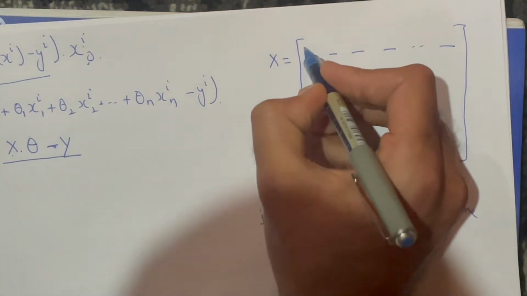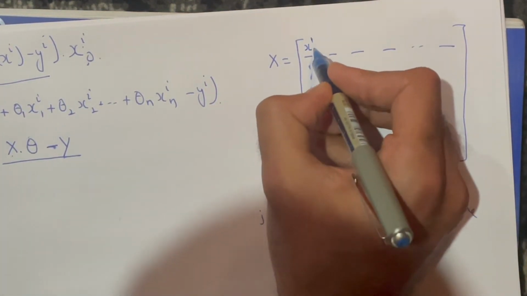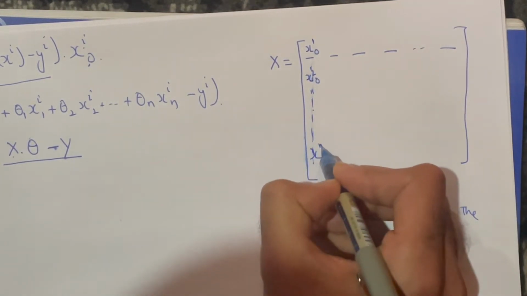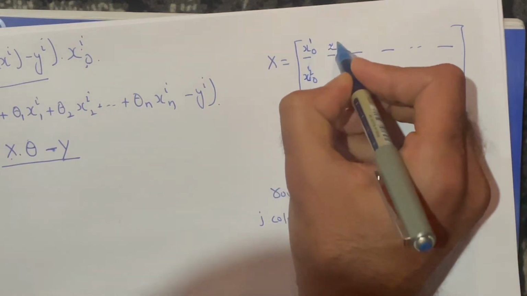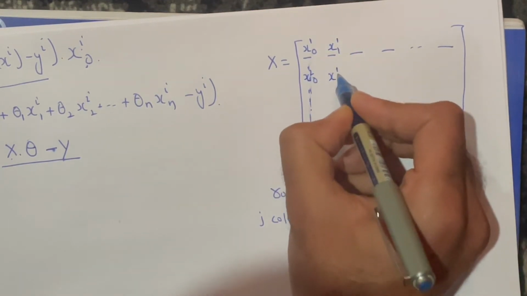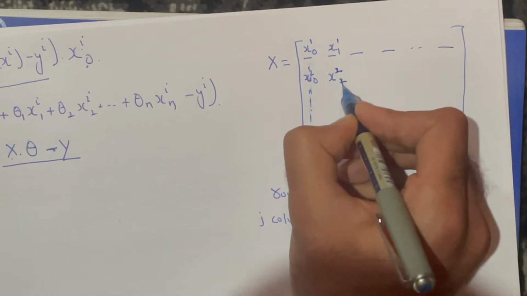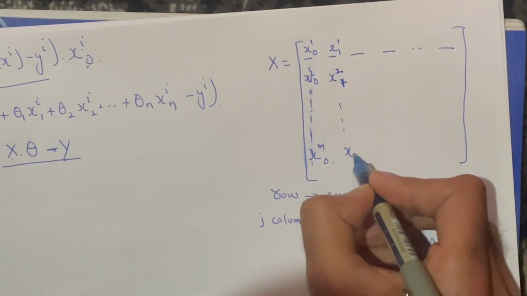Or I can say that this is x10, this is x20, and so on up to xm0. The second one will be x11, x21, and so on up to xm1.